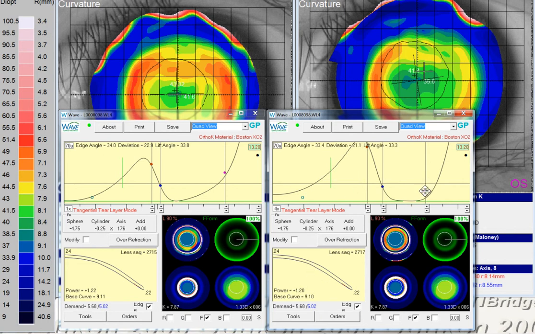I also shifted the pink control point in to 10 millimeters, and I brought it back down to just under 4 microns of clearance.